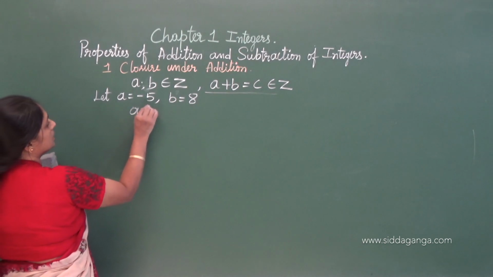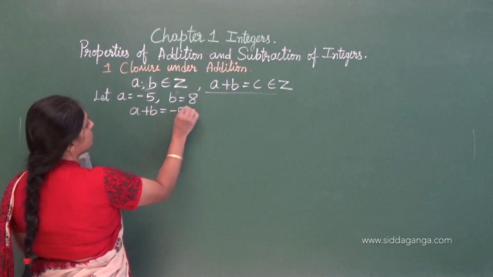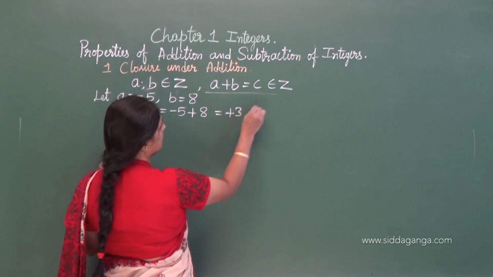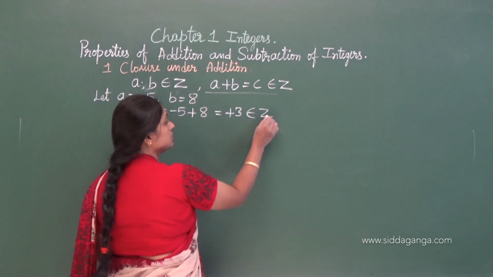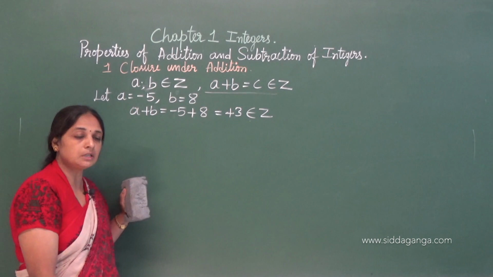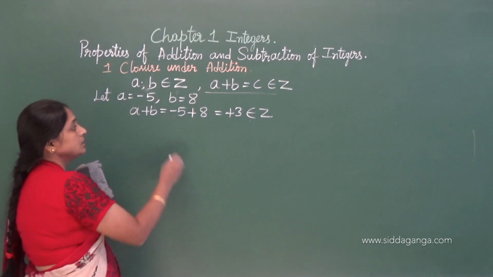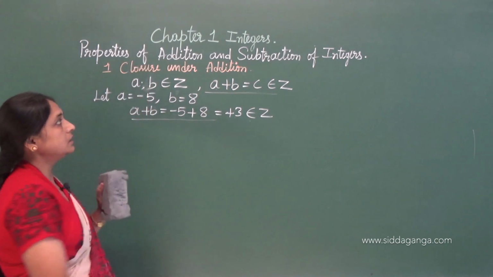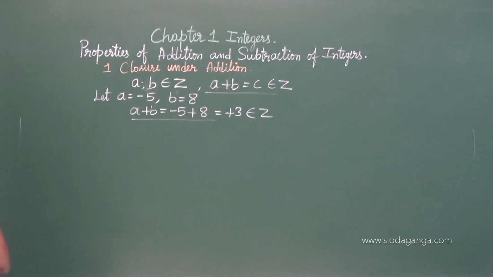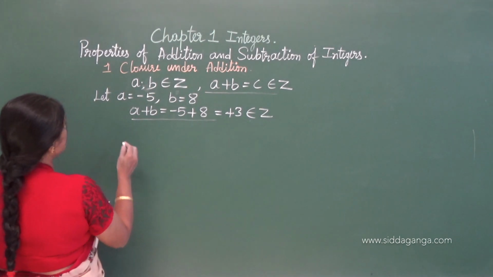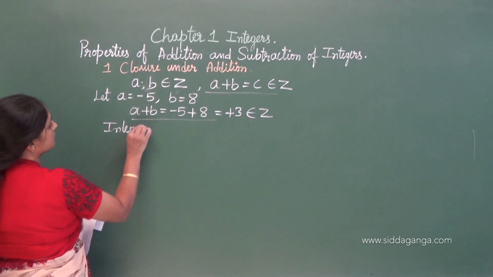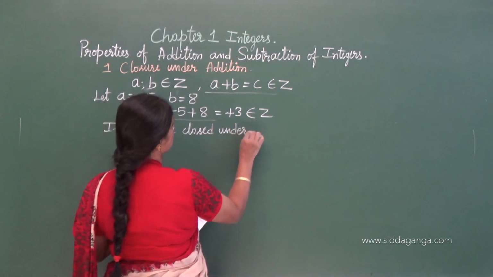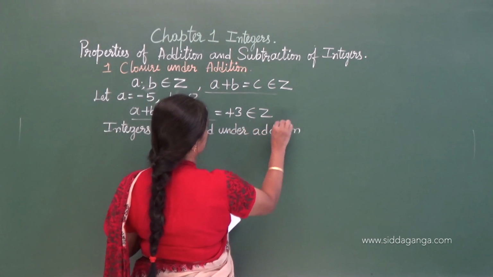The condition is a plus b, that is -5 plus 8, which is equal to plus 3, and it belongs to Z. Plus 3 is an integer and it belongs to Z, so it satisfies the given condition, a plus b is equal to c belongs to Z. Then we can say that integers are closed under addition.